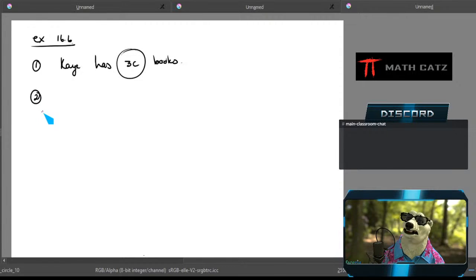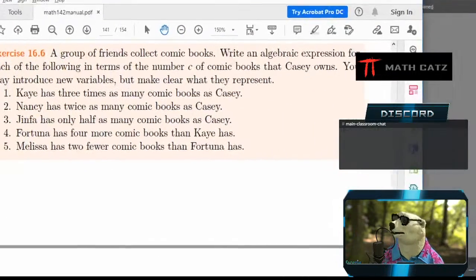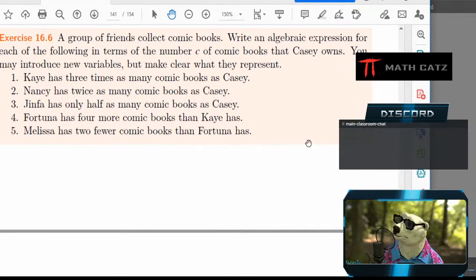That's totally fine. It actually is nicer. It reads much nicer, in a much more convenient way for anyone who may want to read it, because the mathematical language doesn't read as nicely in all situations on its own. It's nice to have some English words around it. Makes us understand it better. Number 2, Nancy has twice as many comic books as Casey.